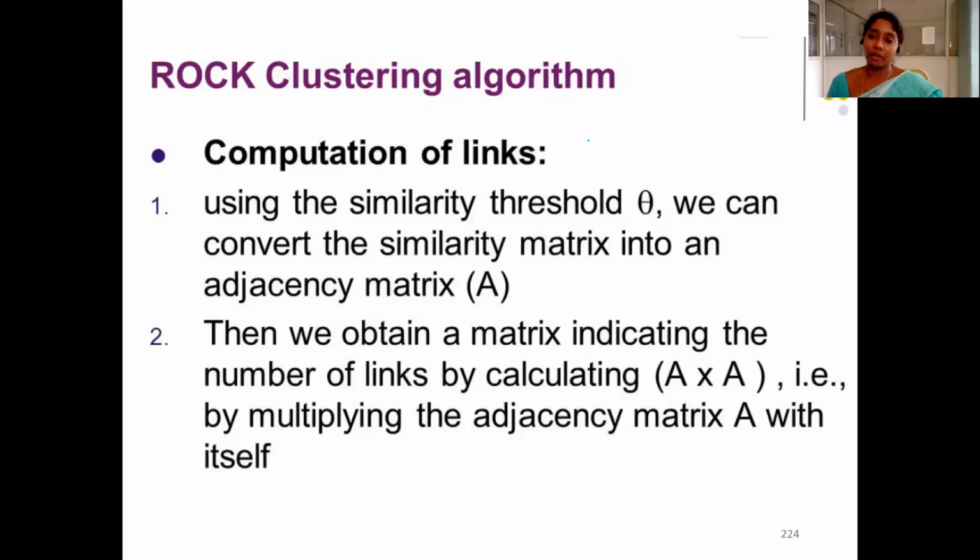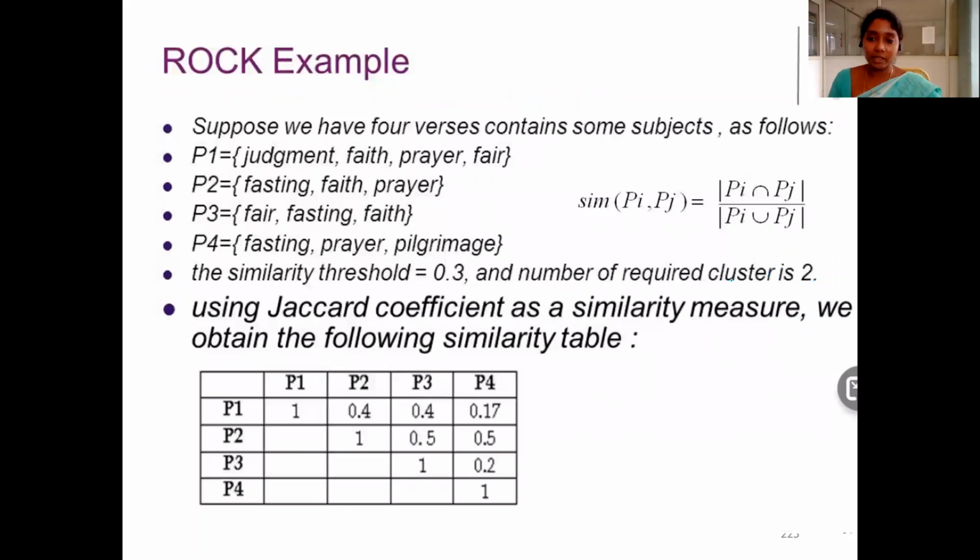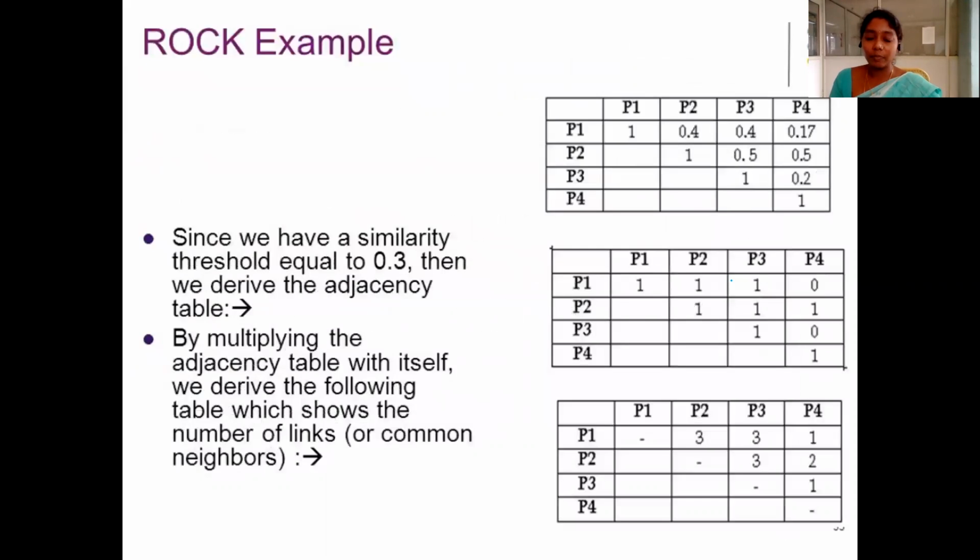Based on that similarity matrix, you generate the adjacency matrix. After generating the adjacency matrix A, you need to square it with itself, that is, A squared. This resulting matrix can be referred to as the link matrix among the clusters. This will be explained with an example in the next class.